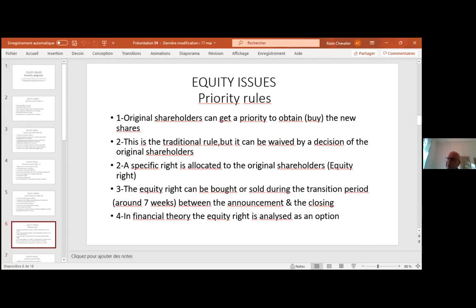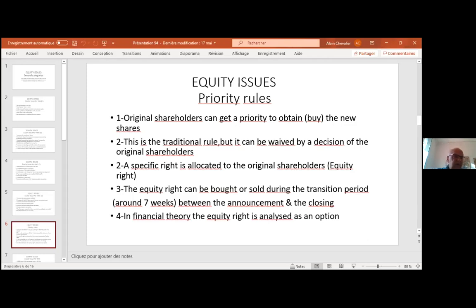This is generally done in cases where the original shareholders don't want to bring cash, and when the level of cash needed compared to the value of the company is very high, after a crisis, for example. So this rule of priority is always enforced for equity issues for free, and in most of the cases for equity issues for cash.